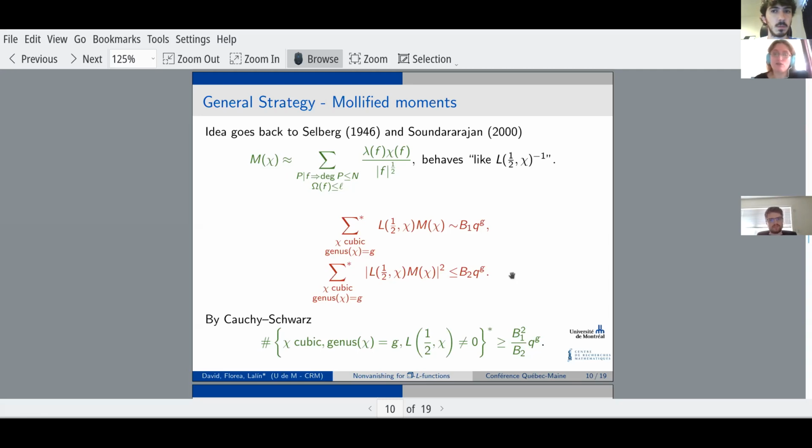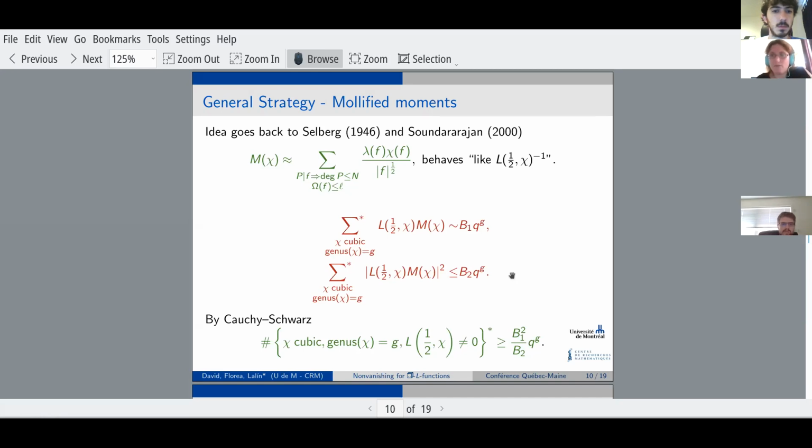And then what you do is you compute this modified first moment and second moment. For the first moment, well, the first moment already was some constant times Q to the G, so it will still be some constant times Q to the G, but maybe a different one. The second moment is very hard to compute, so we don't know how to compute it, but we bound it.